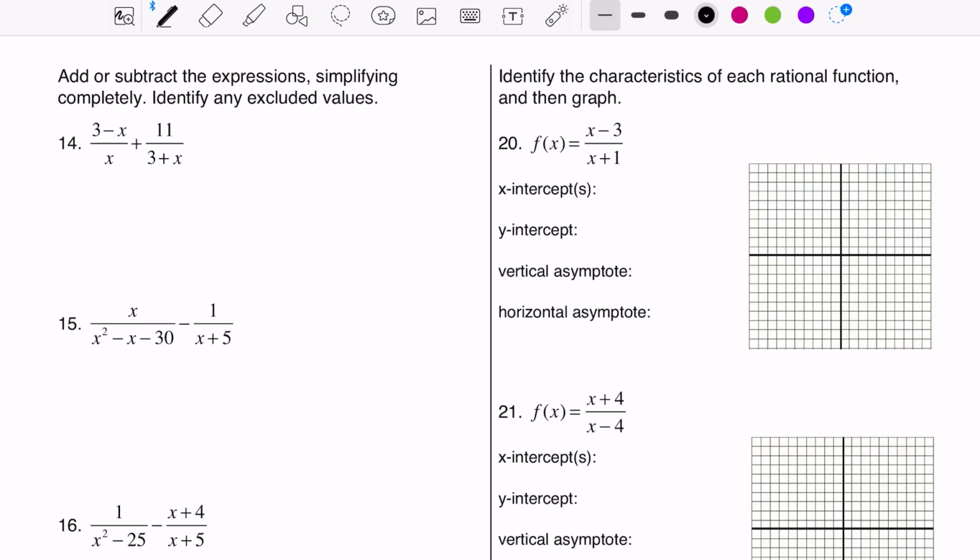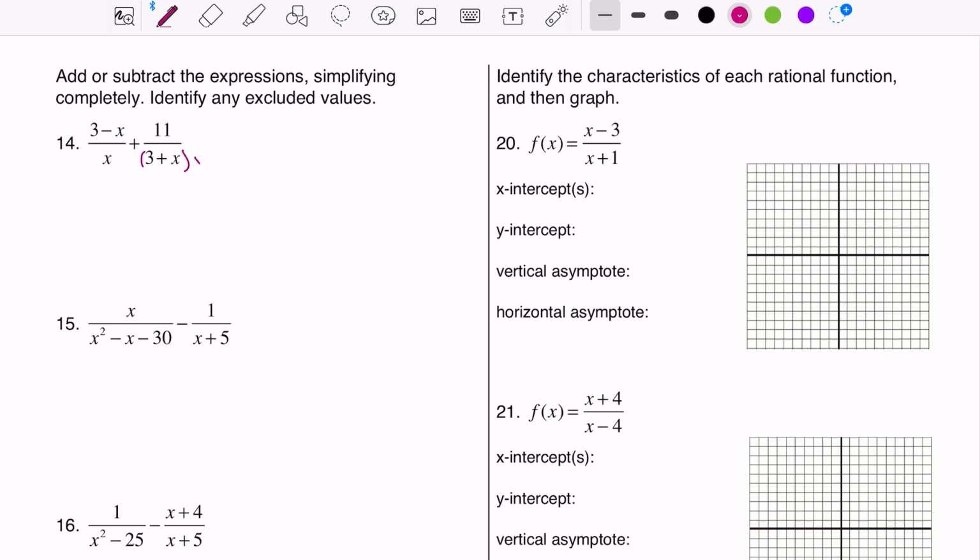Okay, so in order to add these, the denominators need to be the same. So this one needs an x, and this one needs a 3 plus x. And again, because that 3 minus x has two terms, I'm going to go ahead and put parentheses around it.